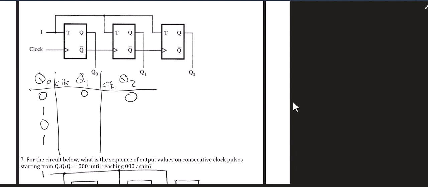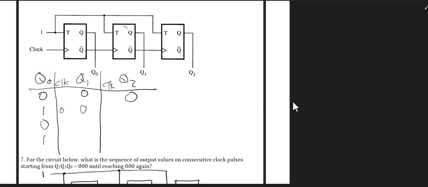So at the first active edge of the clock, Q0 becomes 1. And when Q0 becomes 1, Q bar becomes 0. So our clock is 0. And since the clock is 0, nothing is going to happen, because it's only going to change when the clock changes to 1. So we're not going to have a change here.